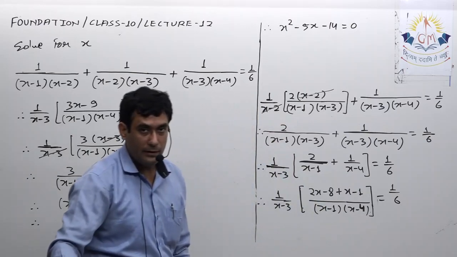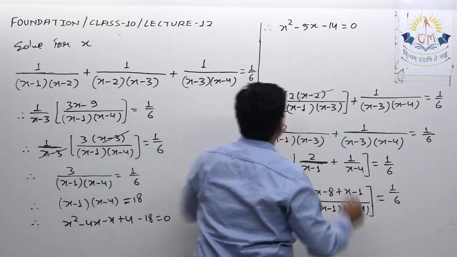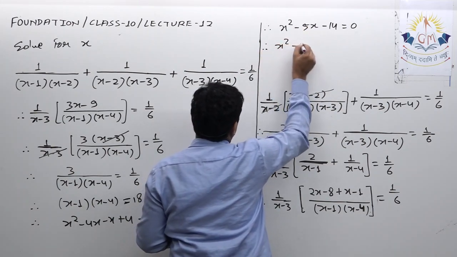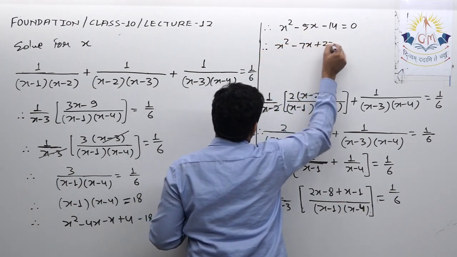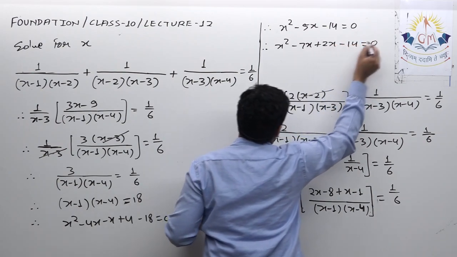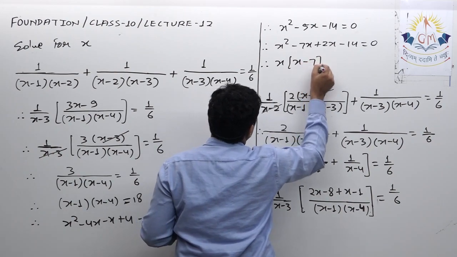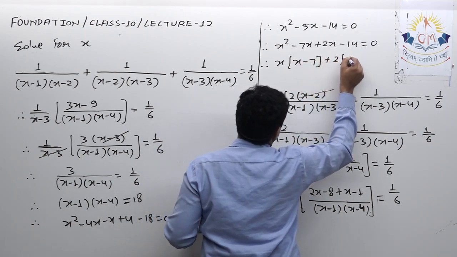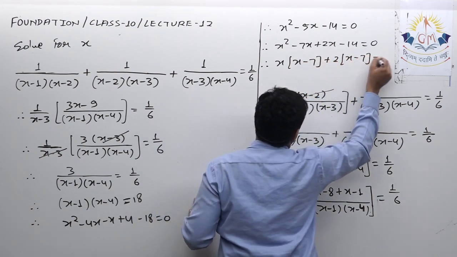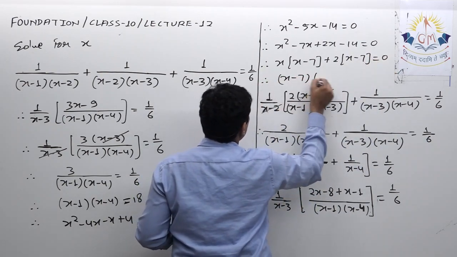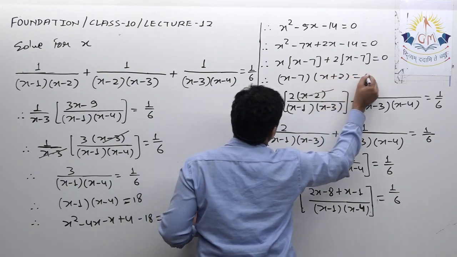Now it's very easy to solve. We have to find the factors of 14, 7 and 2. So therefore x square minus 7x plus 2x minus 14 is equal to 0. By taking x common, here I get x minus 7, then 2 common, so x minus 7. Ultimately x minus 7 into x plus 2 is equal to 0.